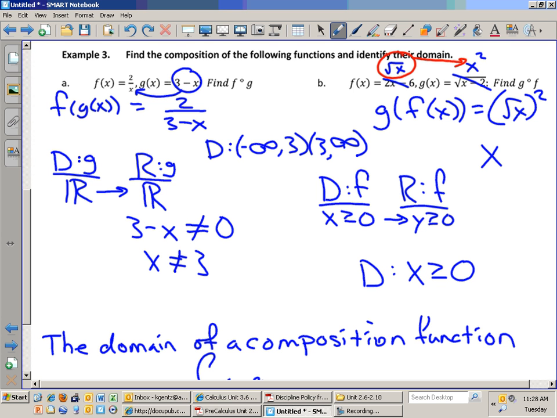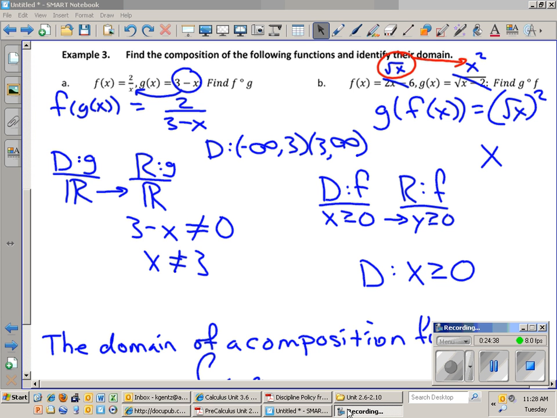So notice that we came up with x for our function in terms of our composition. But if we look at that, we would say, well, all real numbers is our domain. No. Nope. Domain's x greater than or equal to 0 because of where we started from. Is that kind of tied together a little bit? Yeah, it's got to work all the way through. Okay.